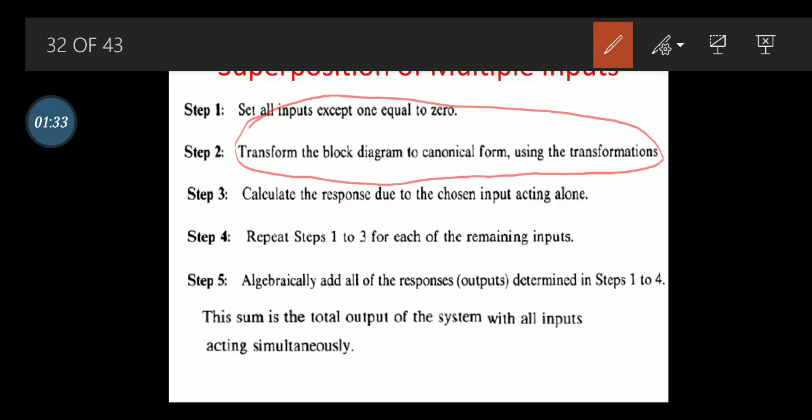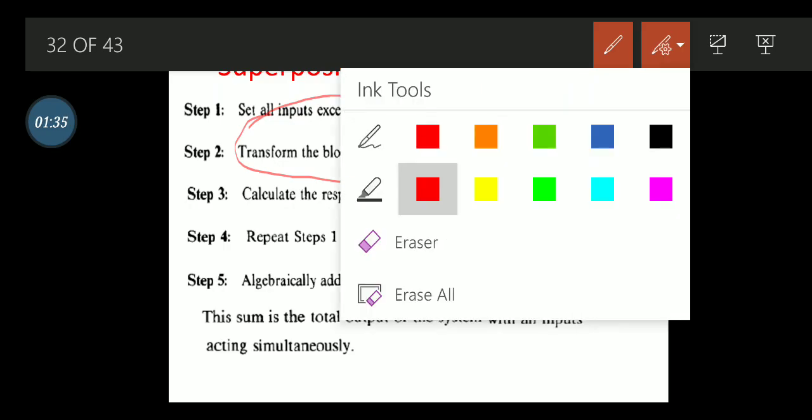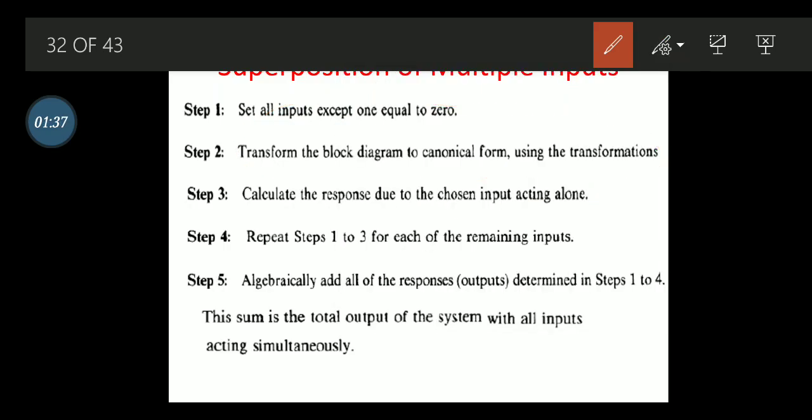Now step number 3, calculate the response due to the chosen input acting alone. So whatever input we consider, by setting the remaining inputs equal to 0, for that particular input we need to calculate the output response.